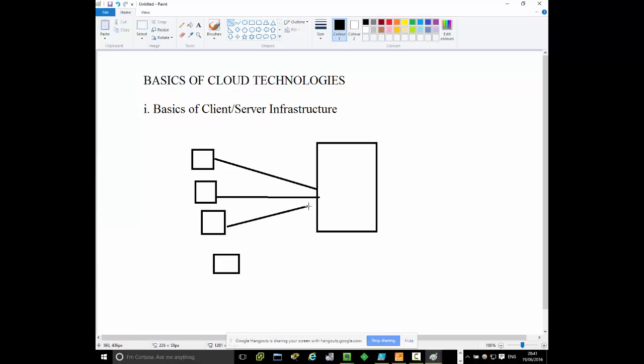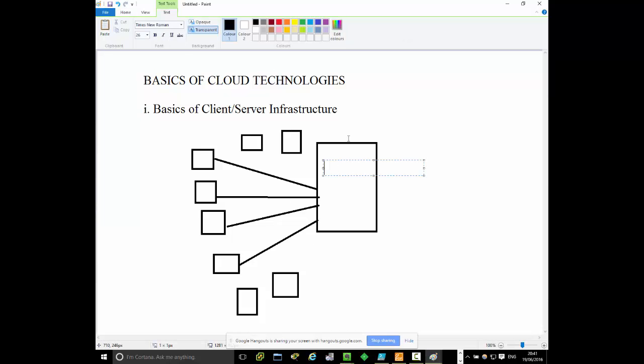At some point, most organizations plan to grow, and you start getting more and more clients accessing the same services. The resources on this server have a limit. In other words, they're not infinite. It has a limit on either the network resource, the storage resource, or the compute resource.